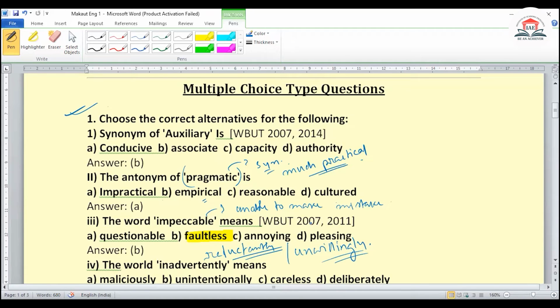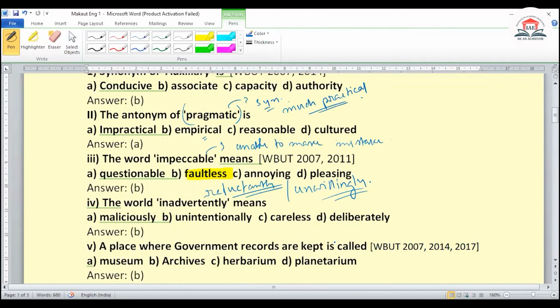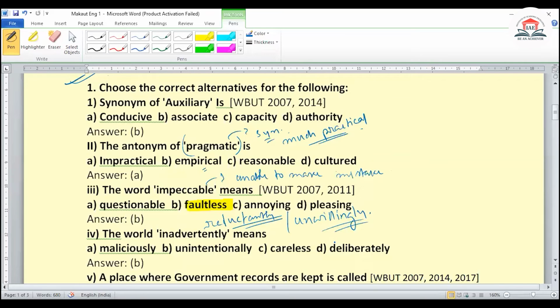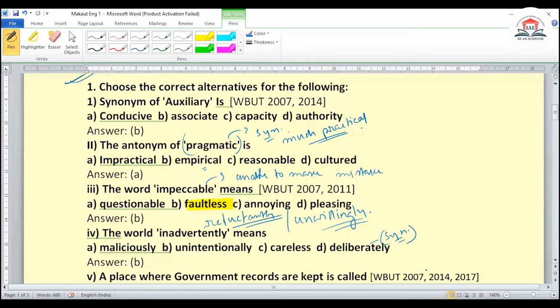Now, my daughter has come to me to show her painting. Okay, come on. Now, maliciously, an answer is being unintentionally fine. Synonym. Oh, sorry.